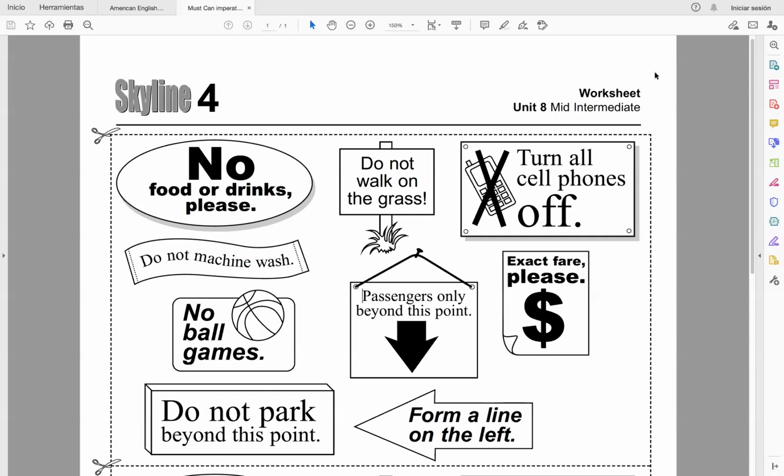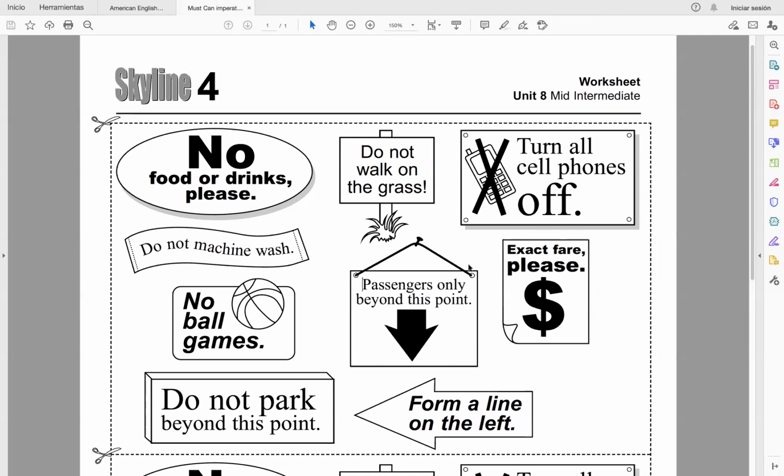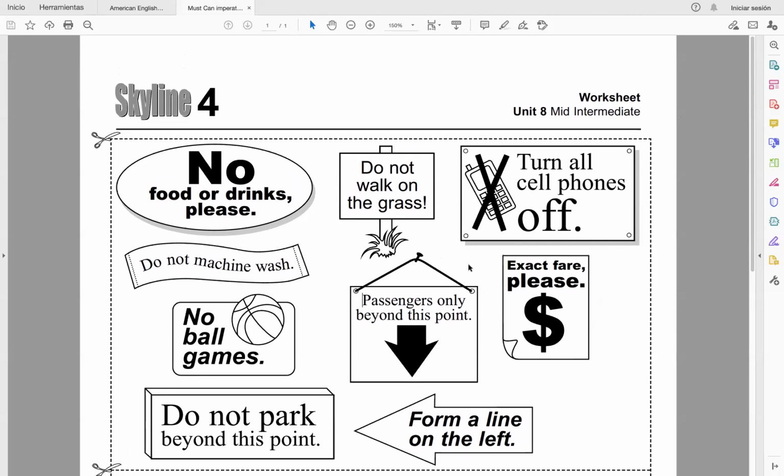So look at this set of signs. There are different signs that we can find in different places. What we have to do first is to try to imagine in what places we could find these signs. And the second thing we need to do is to think, what is the message behind each sign?